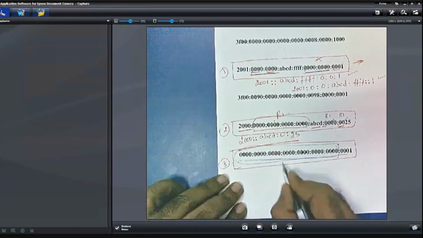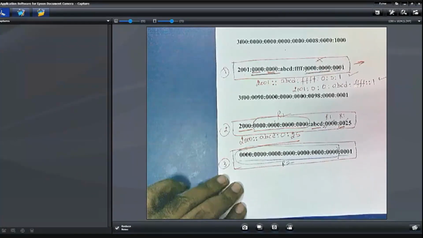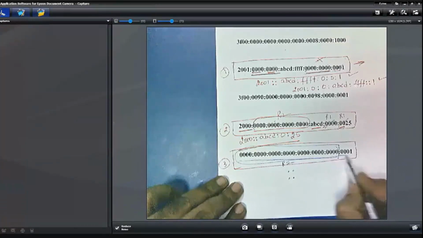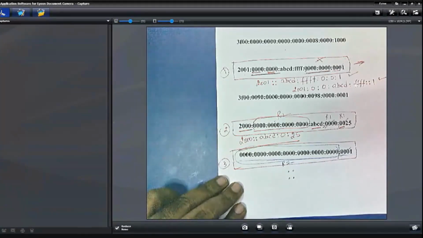I apply rule number 2, so double colon. You cannot write anything before it, because everything is 0. Here I remove the 000 also, this is rule number 1, so 1. This is the answer: double colon 1 is an IP address in IPv6. Hope you understand how to solve these problems.